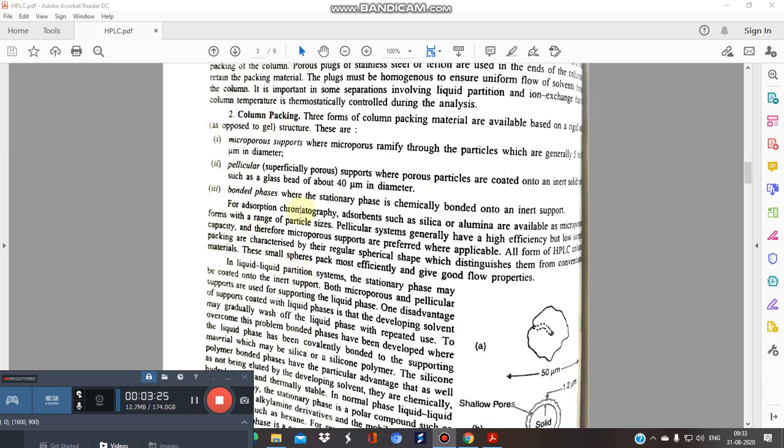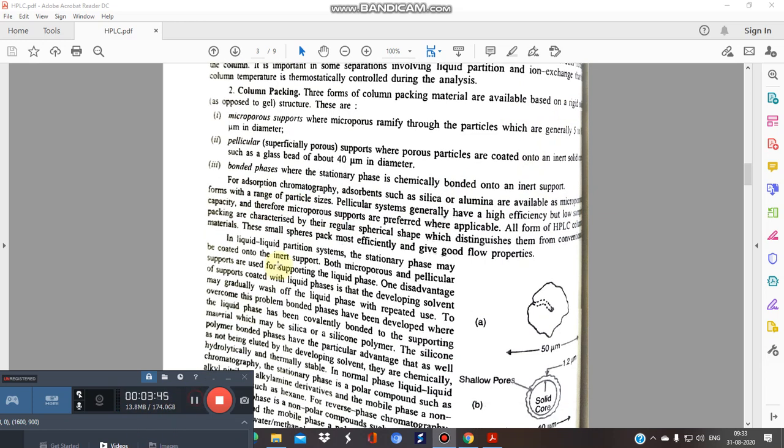Next is the column packing. Actually, we have covered this point. HPLC works on two principles. First is normal phase HPLC, and second is reverse phase HPLC. For adsorption chromatography, we use different types of adsorbents like silica and alumina, which are available as microporous forms with a range of different particle sizes.